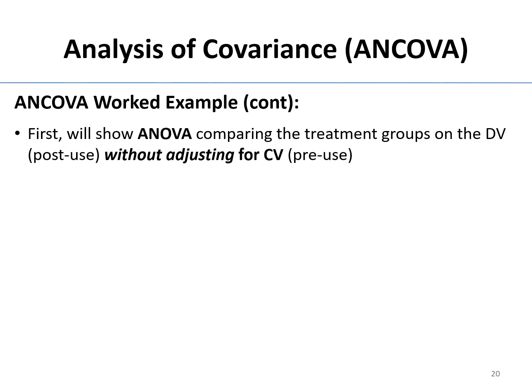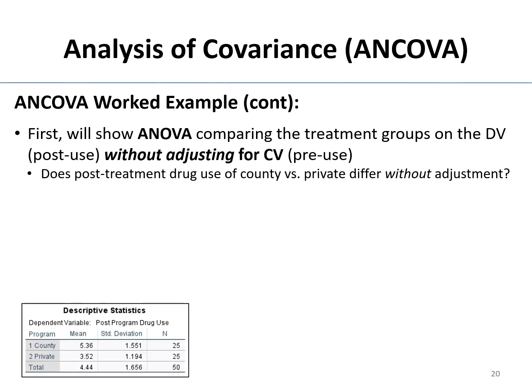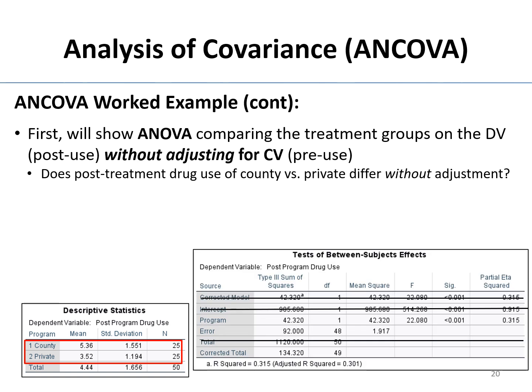So this is an ANOVA comparing the treatment groups on the dependent variable, post-treatment drug use, without adjusting for the covariate, which is pre or baseline drug use. The question we're asking here: does post-treatment drug use of county versus private program participants differ without adjustments? There are our means. County was 5.36 after treatment. Private was 3.52. These are the same means we were looking at earlier.